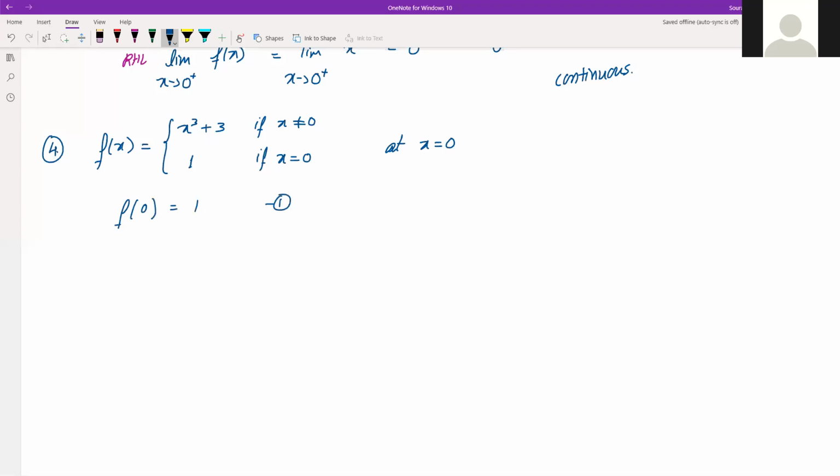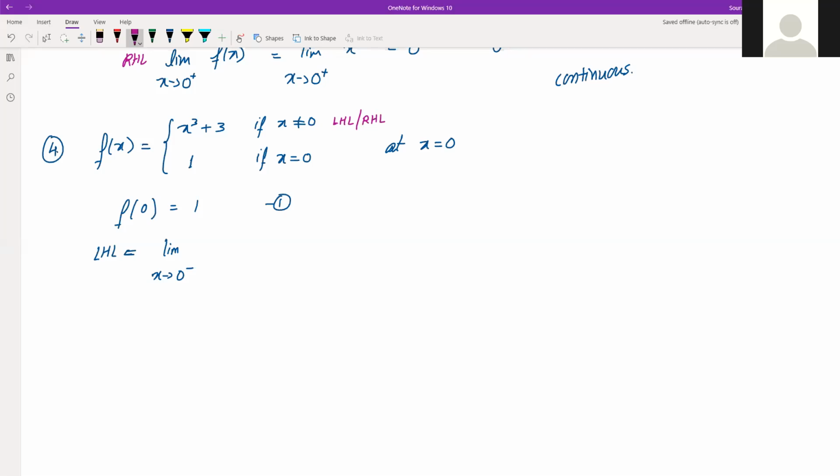Now, what is its left hand limit? We will do it the same way as earlier, when x tends to 0 from the negative side. This function will be used for both the left hand limit and the right hand limit.